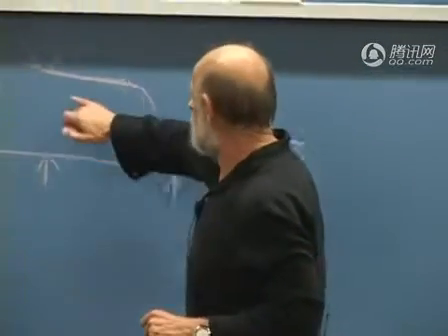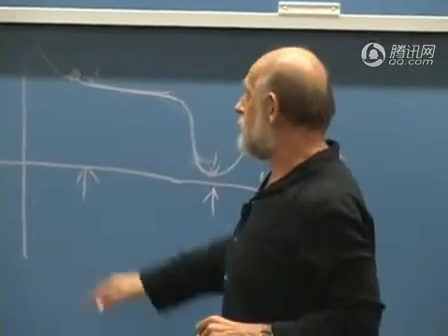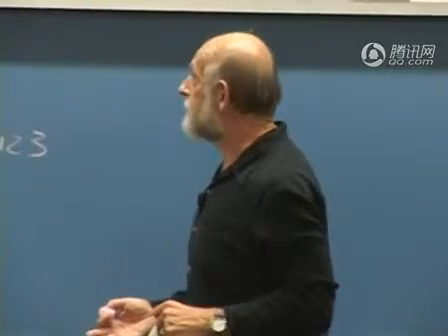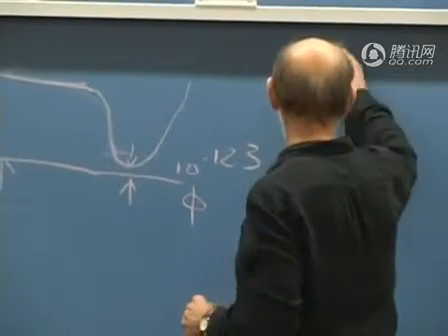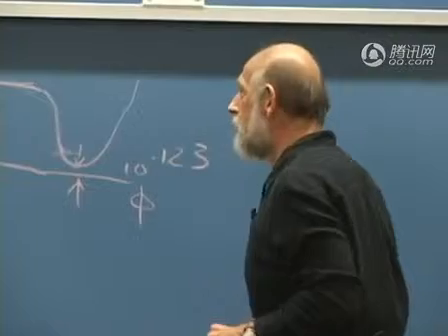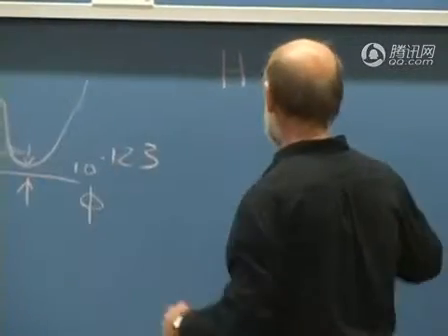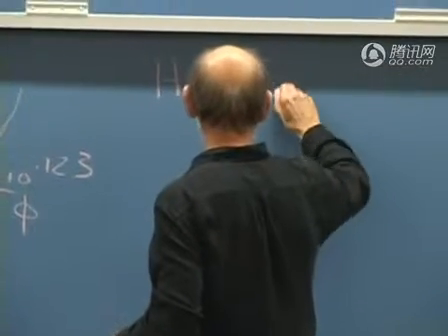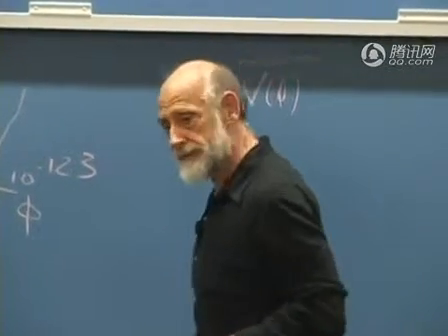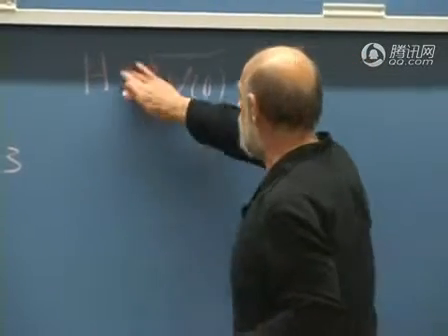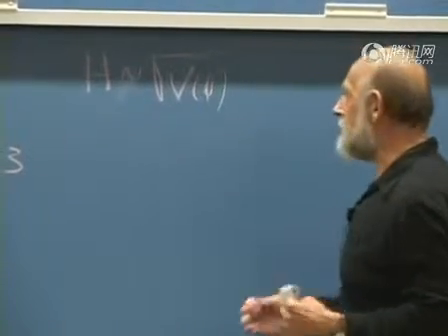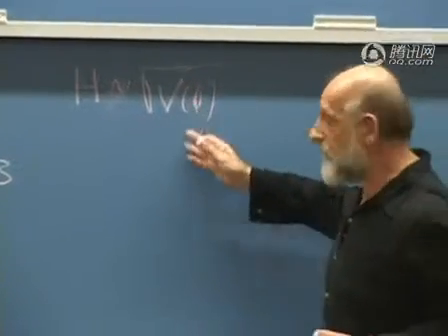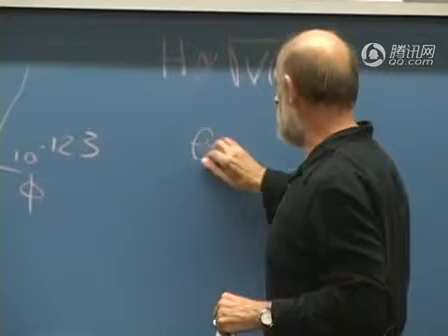So as long as this is pretty flat, the universe will be exponentially expanding with a Hubble constant proportional to the square root of V of phi. I'm leaving out the 8 pi's and that sort of thing. The universe will exponentially expand like e to the Ht.